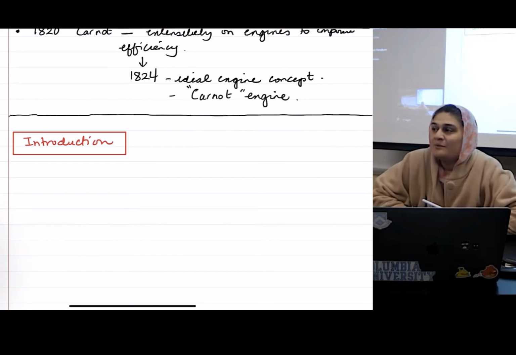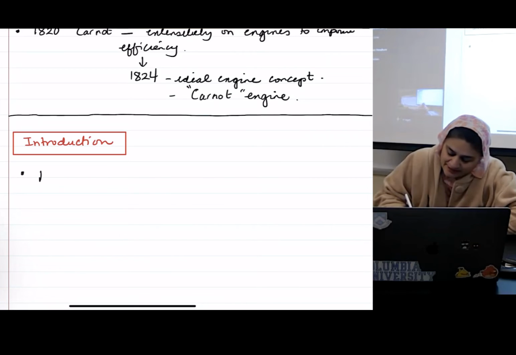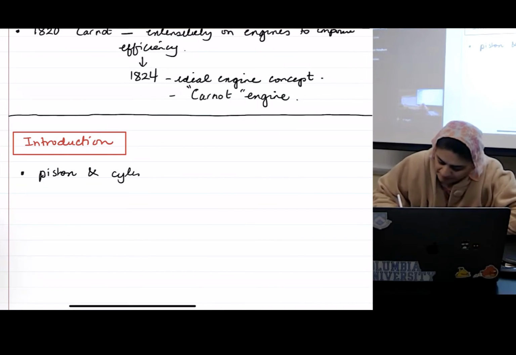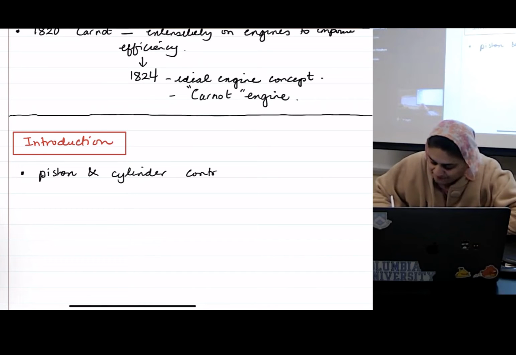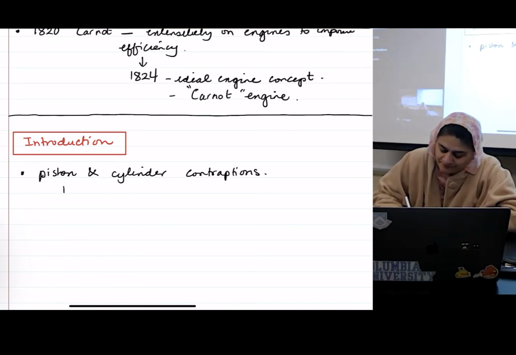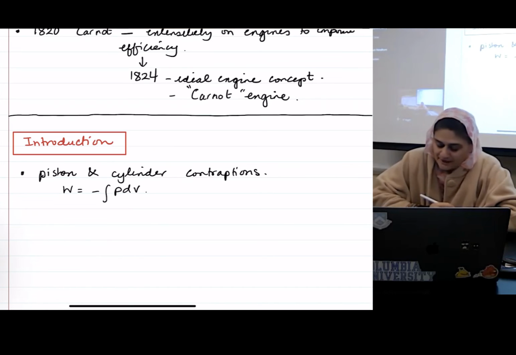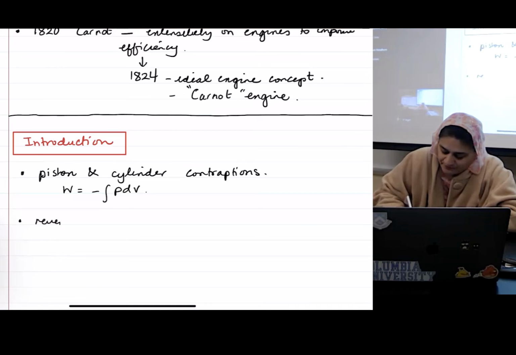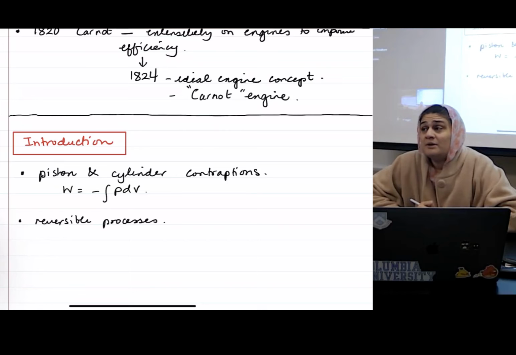Which means I will have basically a piston and cylinder contraptions. And the work done, as we have been discussing, will be given by PdV. And we will concentrate on reversible processes. What do I know about real life? There are no processes that are completely reversible.